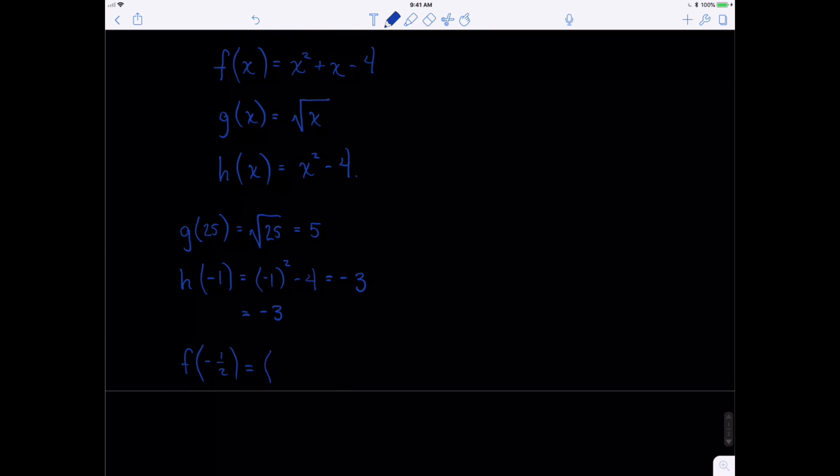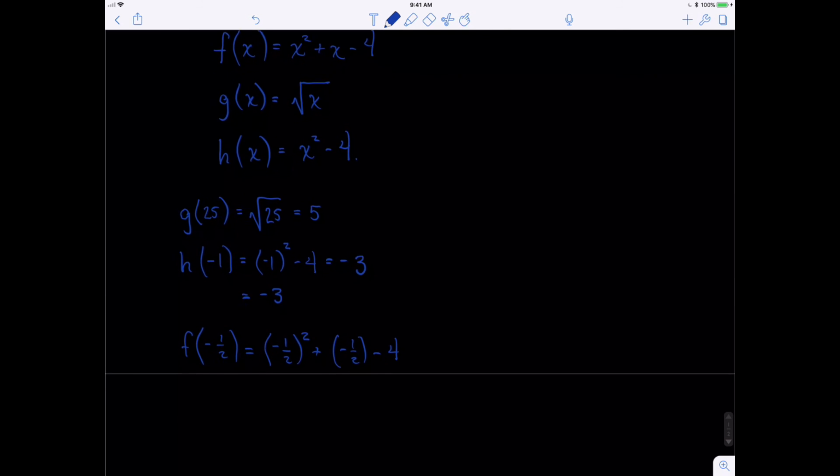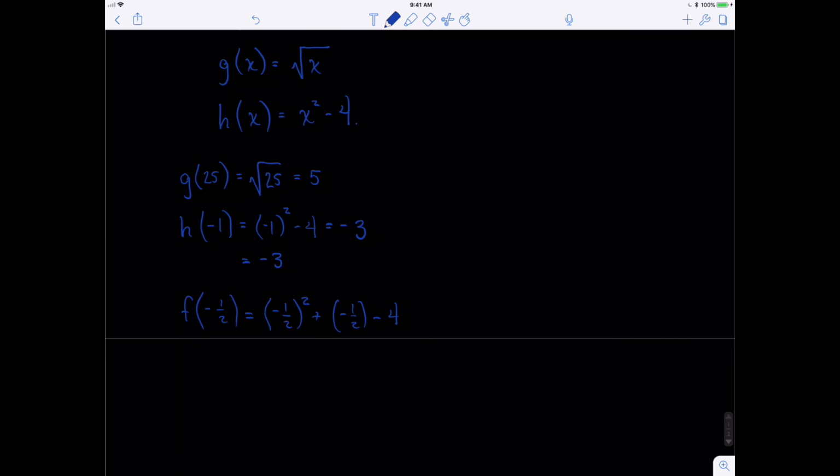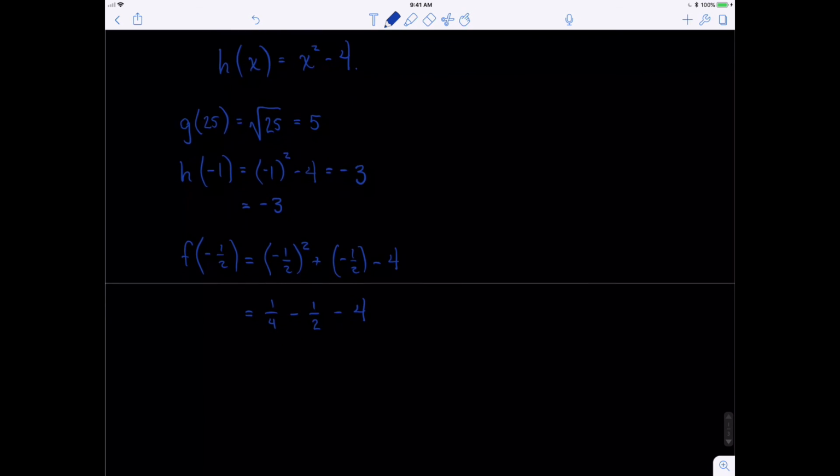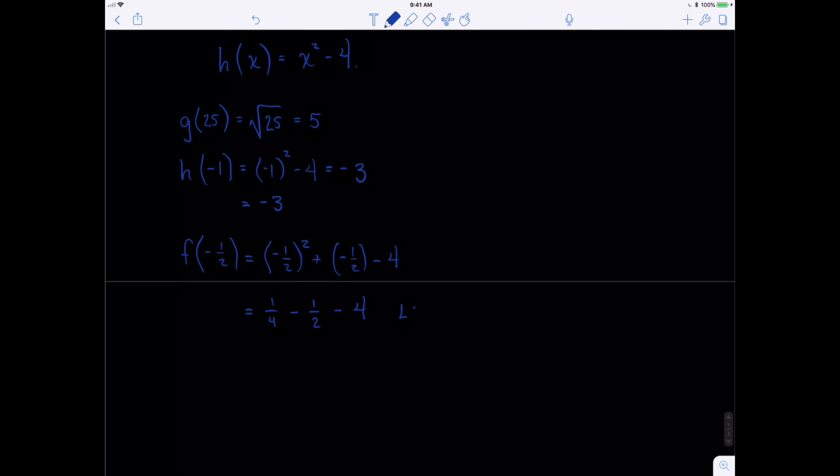So this says we take -1/2, square it, plus another -1/2, and then we're going to subtract 4. This time I'll bring my notation down. So -1/2 squared becomes 1/4, minus 1/2, minus 4. I'm going to need a common denominator, and in this case I think my lowest common denominator is 4.